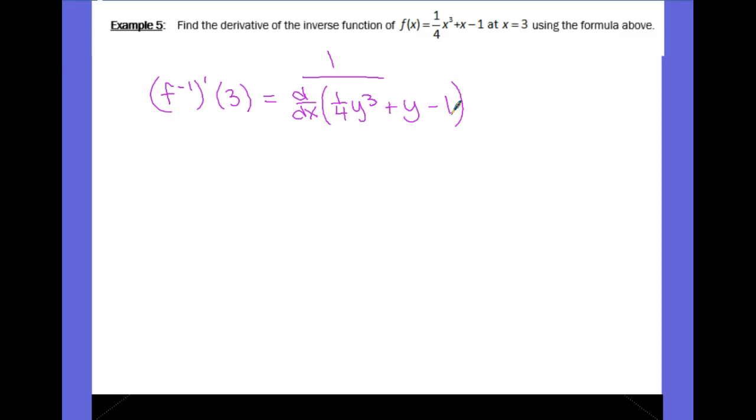So you take your derivative. 3 times 1/4 is 3/4 y squared. We don't have to write our dy dx's if we're using this formula, which is super goofy. We need to know what the y value, though, is when x is 3.